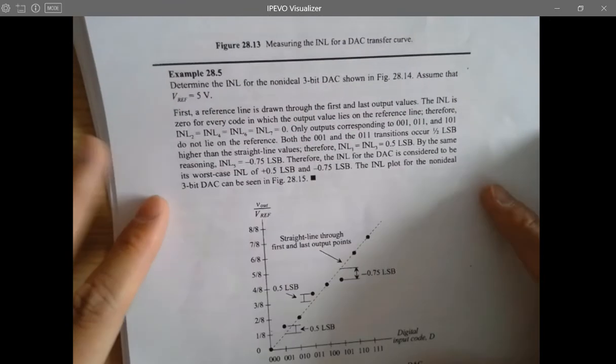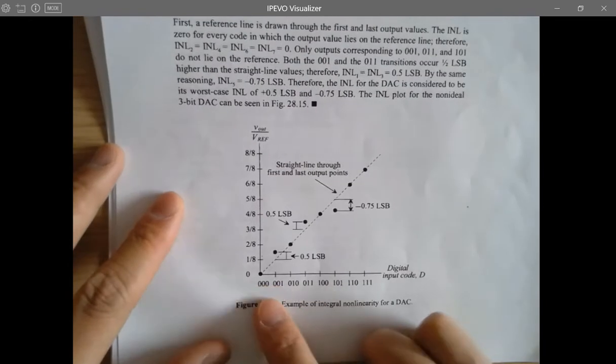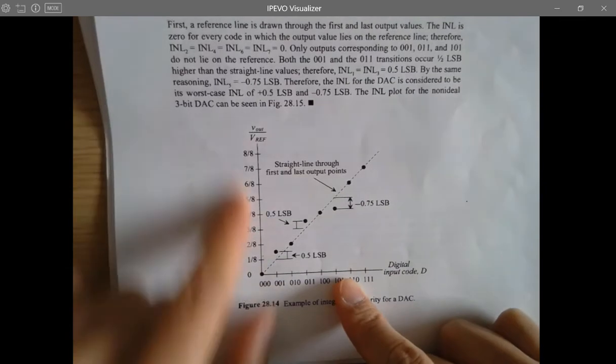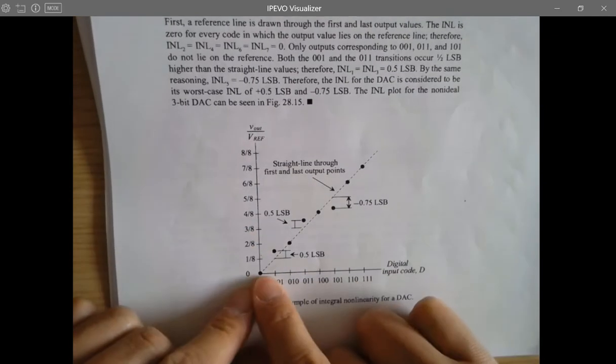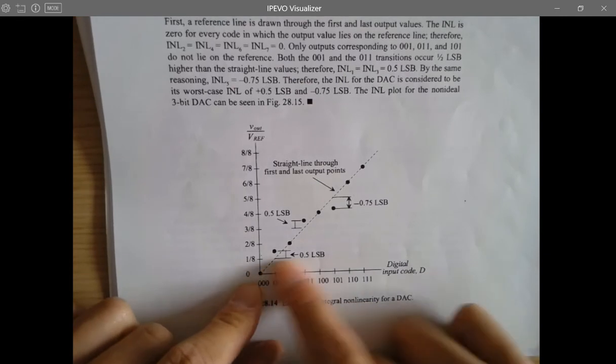Look at one example, see how that's calculated. All these points, digital input, analog output. INL is 0. INL here is 0.5 LSB.